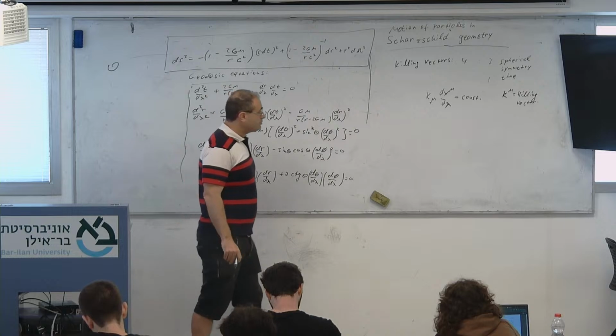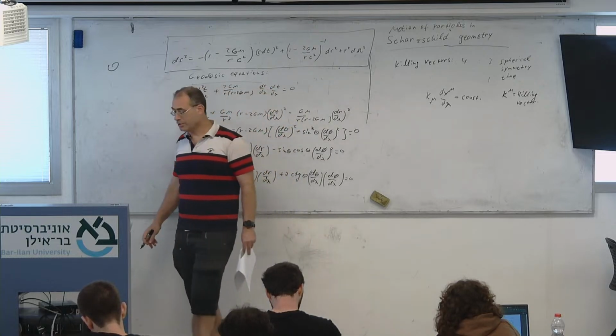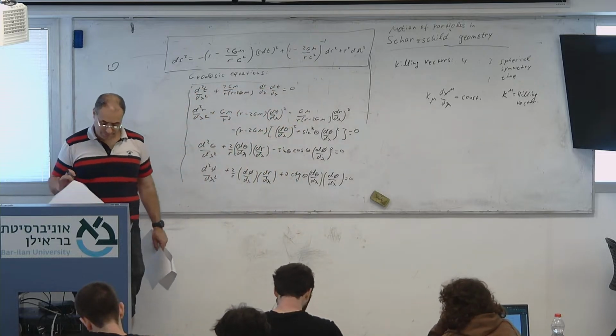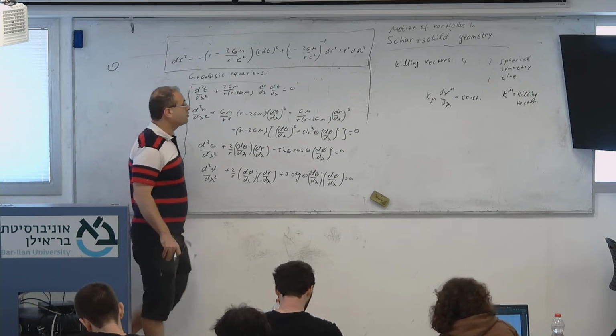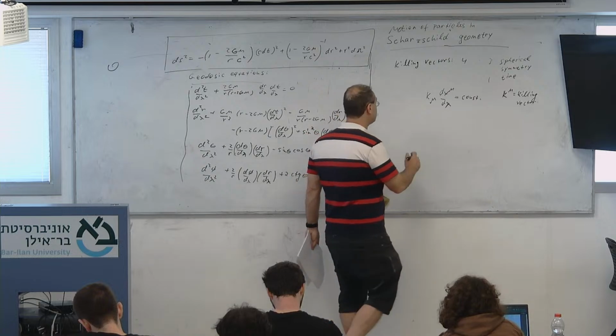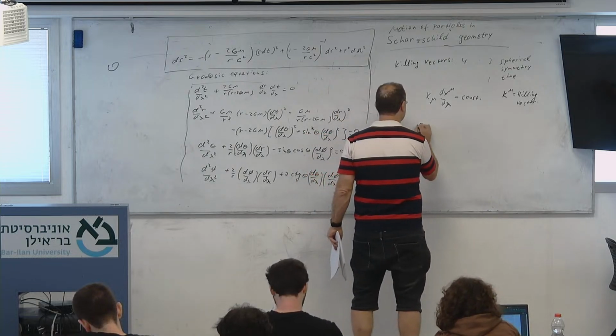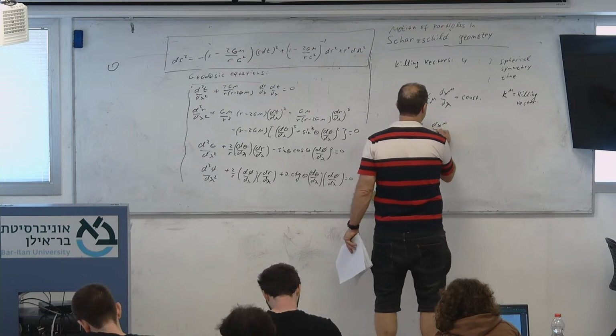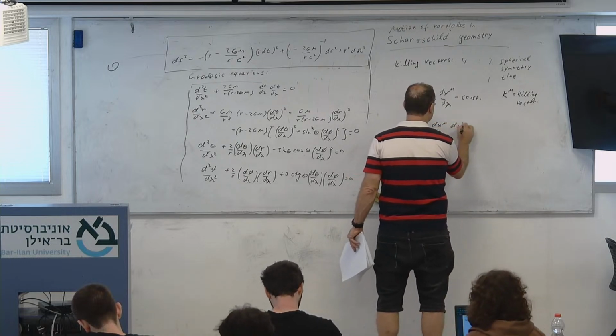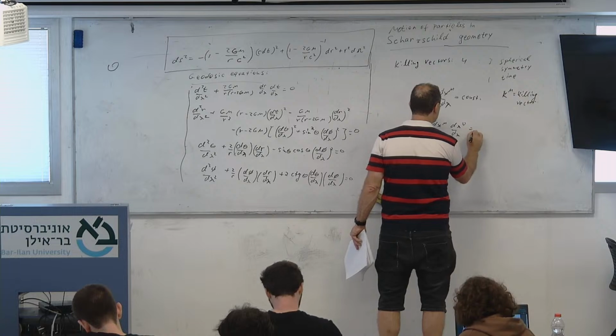Now we also know that along the geodesic, using the metric compatibility, we can write minus g_mu nu dx^mu over d lambda dx^nu over d lambda is equal to epsilon.